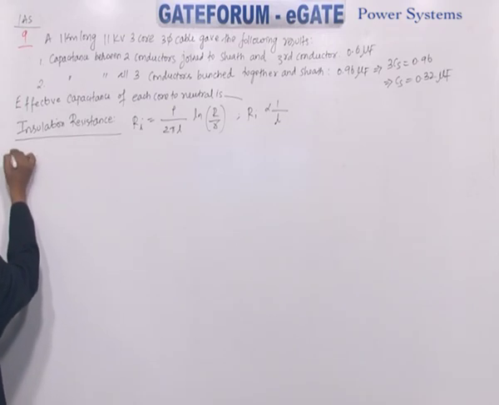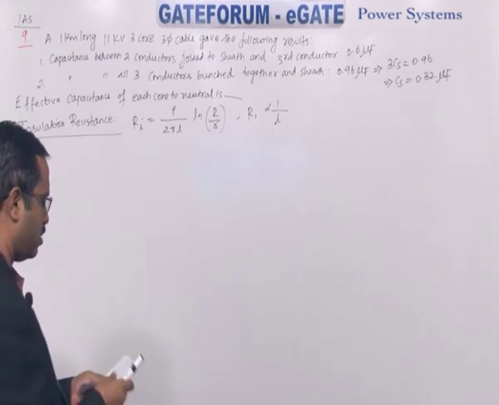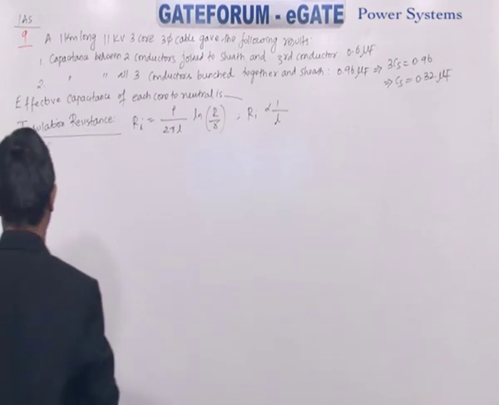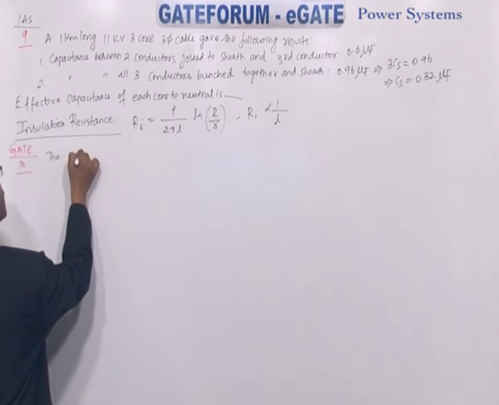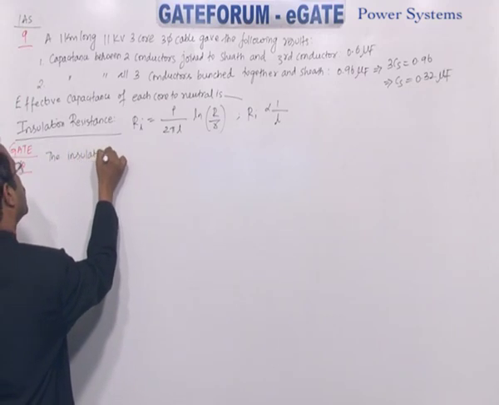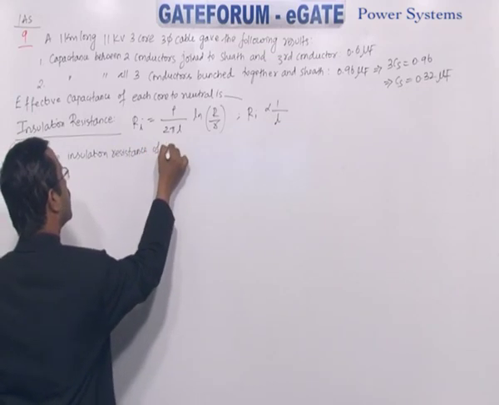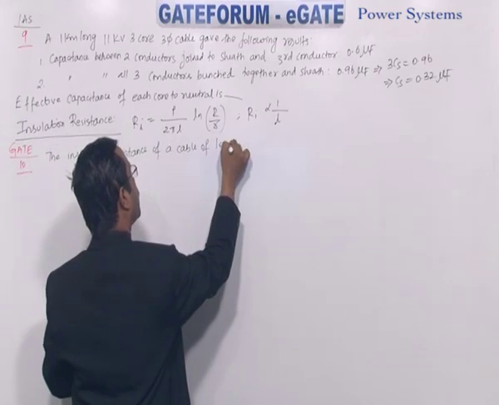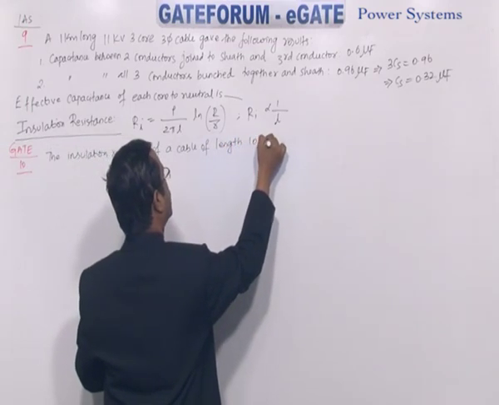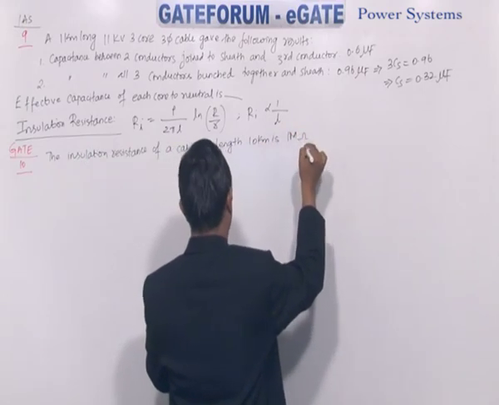Now we solve this next one, from the GATE question paper. The insulation resistance of a cable of length 10 kilometers is 1 mega ohm.